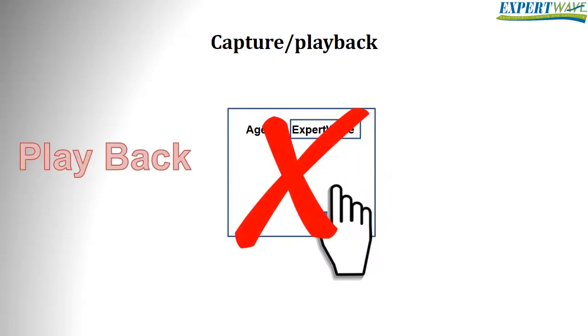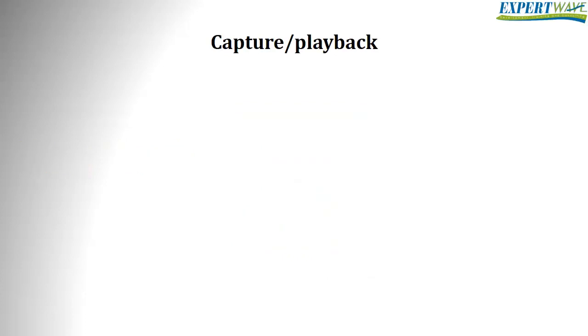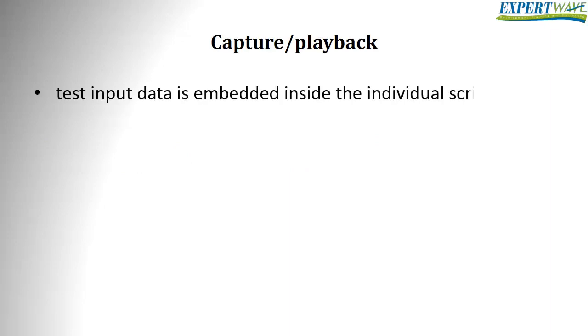Also, the script may rely heavily on the circumstances, state, and context of the system at the time the script was recorded. For example, the script may have used a file in a specific folder. If that file moved or if that folder moved, then the test will break. The test input information is hard-coded in that case, meaning that the test input data is embedded inside the individual script for each test.